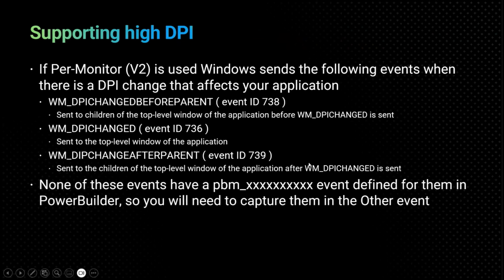Now, unfortunately, at least currently, there aren't PBM_ versions of these events. So what you'll need to do, if you want to respond to this scaling notification, DPI change notification, is capture them in the other event. And I showed that in the demo.